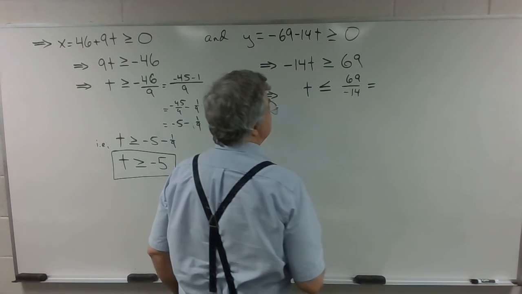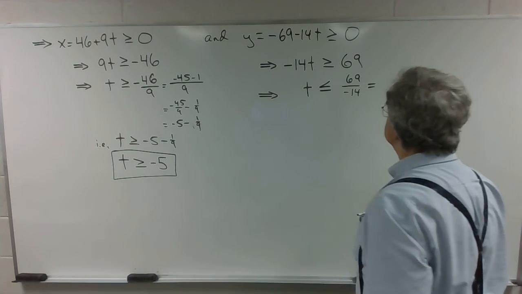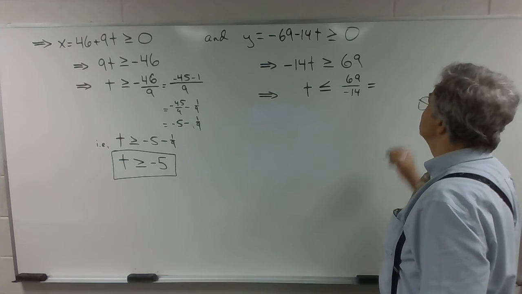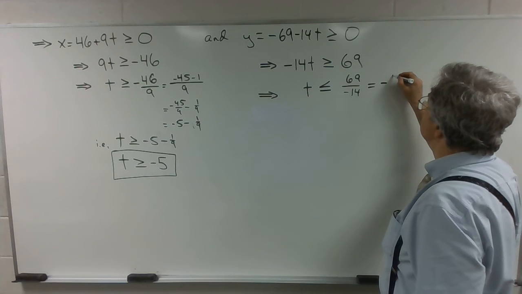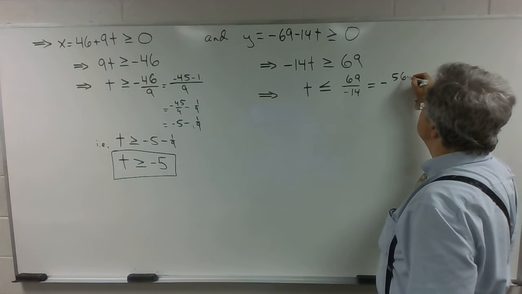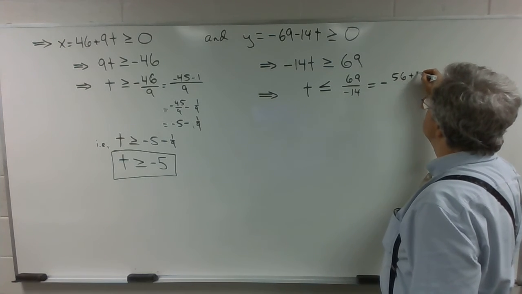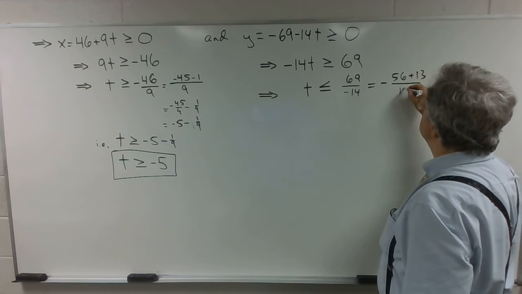And what is that equal to in terms of multiples of 14? It's negative 56 plus 13 over 14.